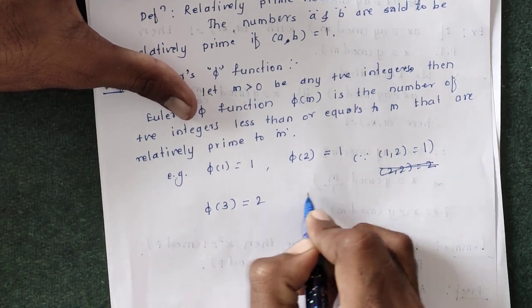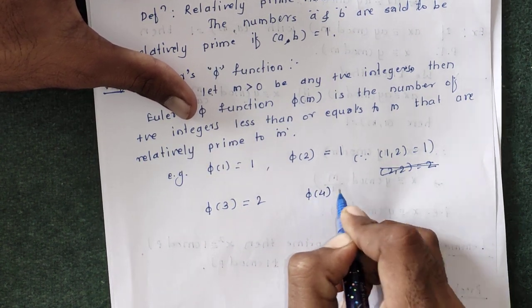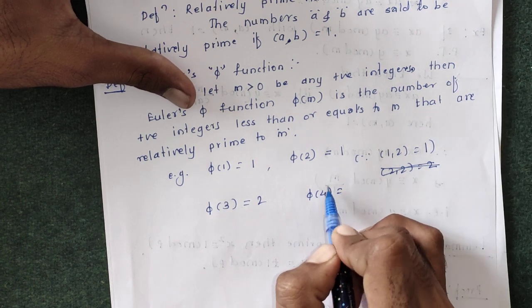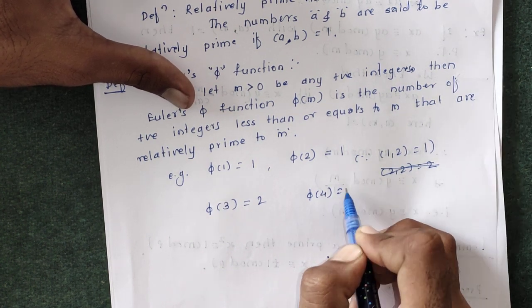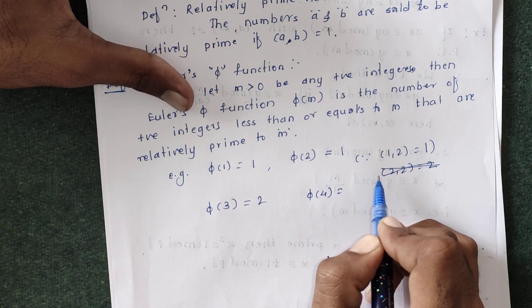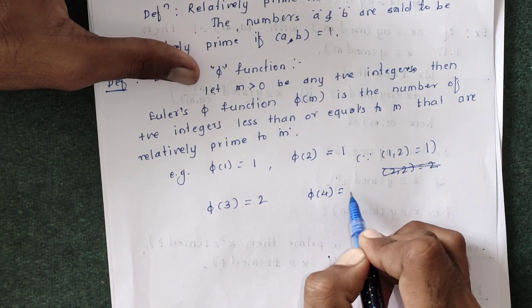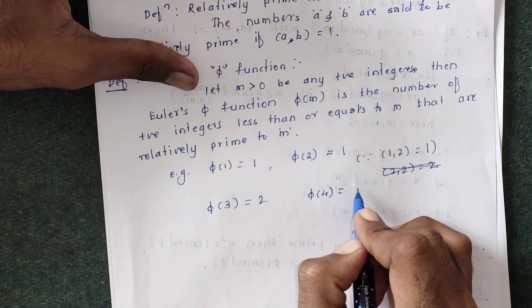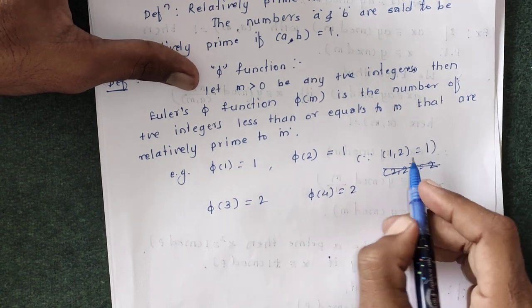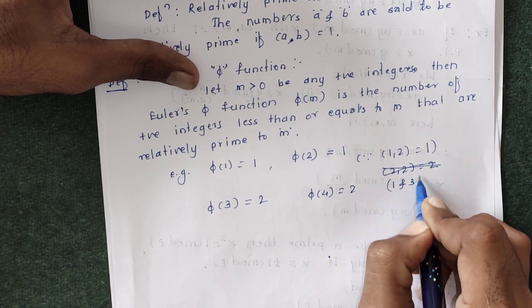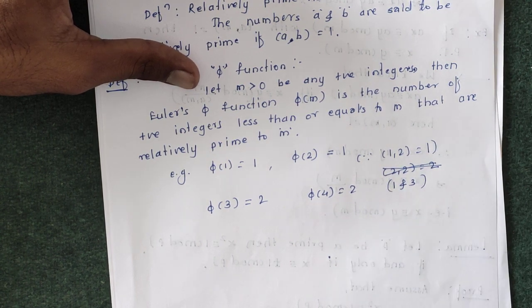If we take phi of 4, the positive integers less than 4 are 1, 2 and 3. GCD of 1 and 4 is 1. GCD of 2 and 4 is 2, so 2 is not in our counting. Next is 3, and GCD of 3 and 4 is again 1. So there are these 2 integers, 1 and 3, which are relatively prime to 4.